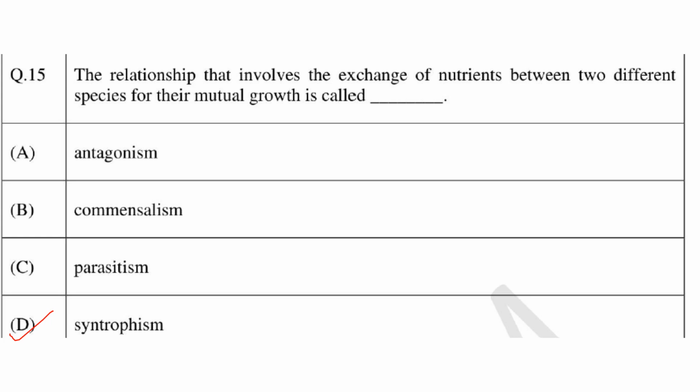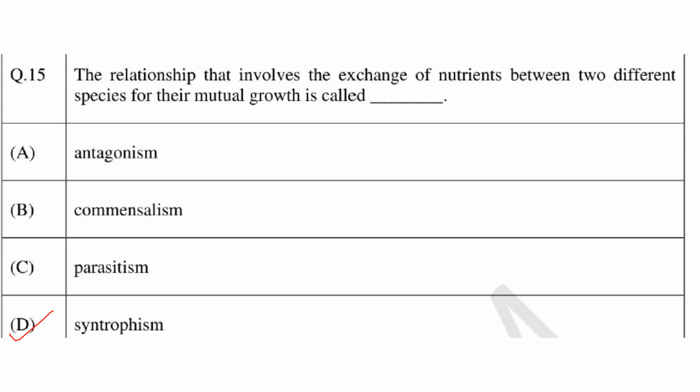Antagonism is an interaction between two organisms where one organism is inhibited or harmed, whereas the other organism is not affected or benefited. Example is predator-prey relationship. Then commensalism.